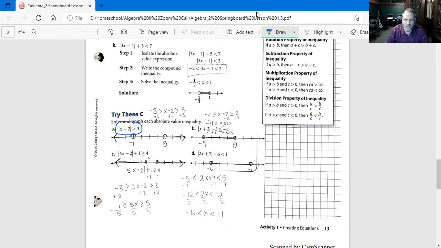Now let's go over to new share whiteboard. All right, guys, so we're doing A. So x minus 2, the absolute value, is greater than 3.